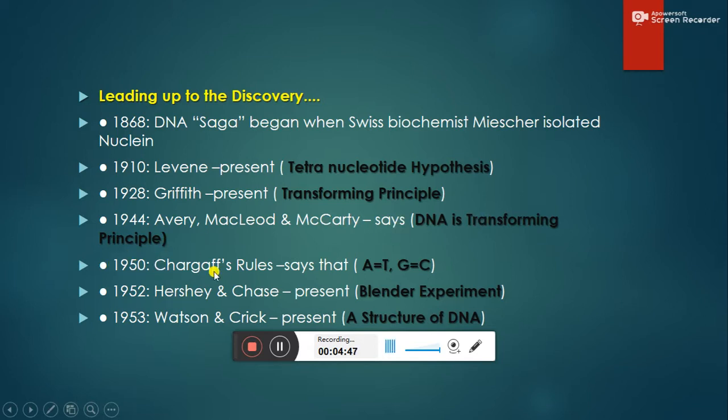In 1950, Chargaff's rule says that adenine will always bind with thymine, and guanine with cytosine. In 1952, Hershey and Chase presented the blender experiment, and at the end, in 1953, Watson and Crick presented the structure of DNA.